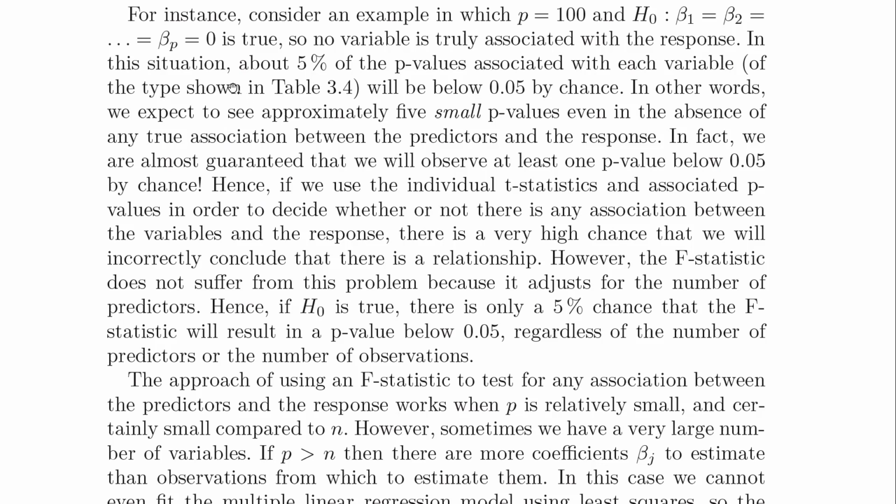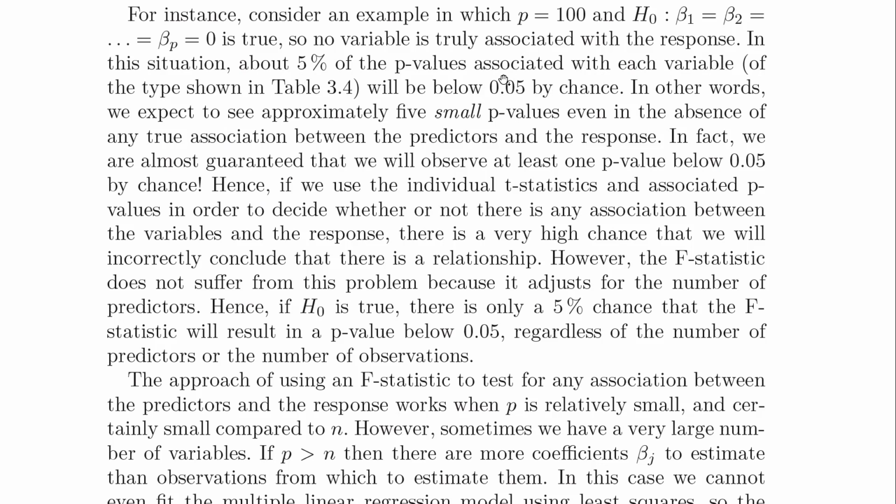Now, in this situation, if you're using a 95% confidence interval, 5% of the p-values associated with each variable will be below 0.05 by chance.